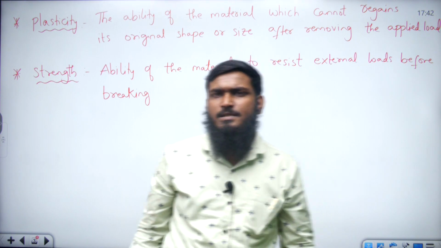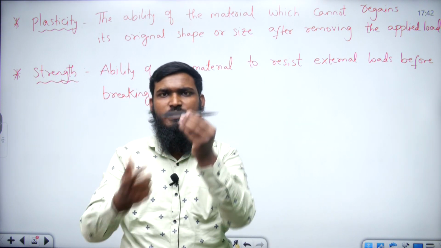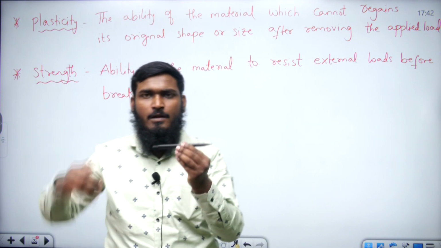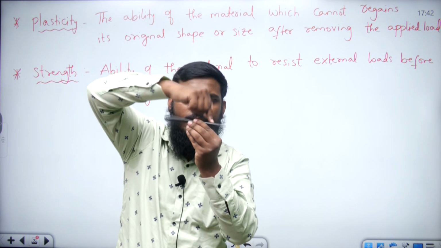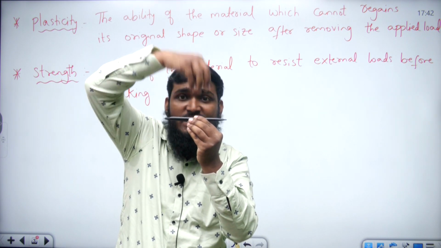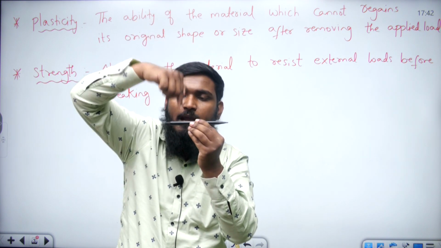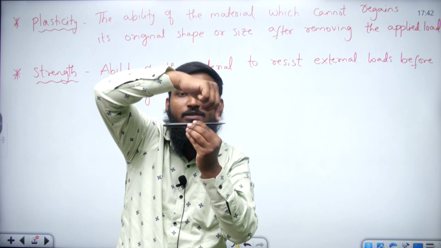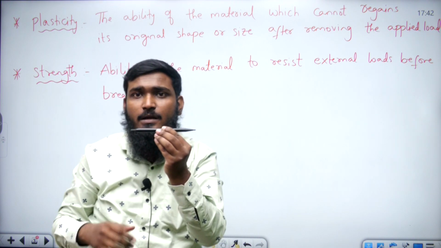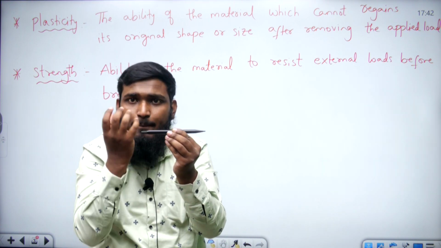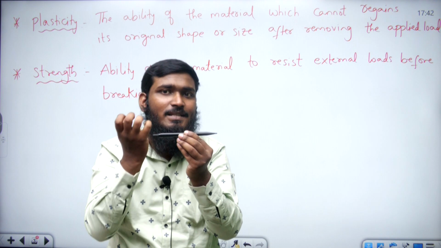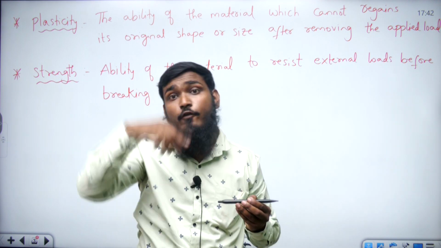Suppose this is a body we have taken, this is a material. Whenever we are applying some external loads on this body or material, it has the capacity to resist those external loads before breaking.